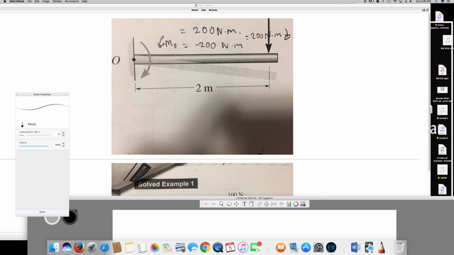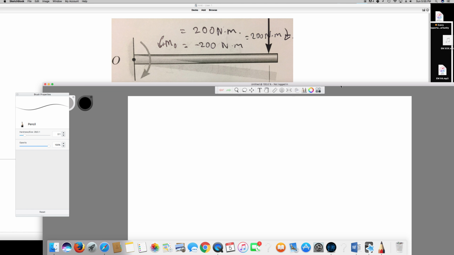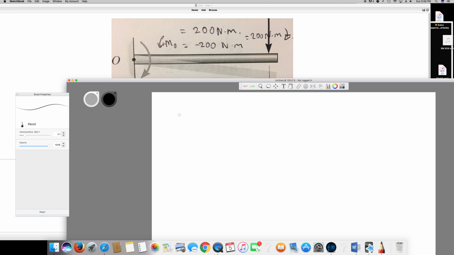So first we know already this is going to be a negative number, and to find the moment, we simply multiply the distance by the force. Since it's acting clockwise, we put the negative in front and multiply by 100.